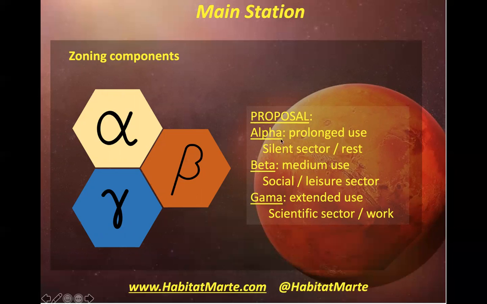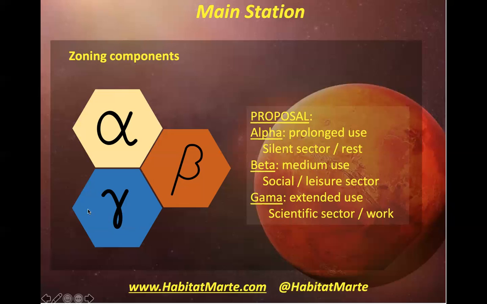Alpha would be a silent sector for rest. The beta is a medium-use, social and leisure sector, and the third one, gamma, is an extended-use scientific sector for work.